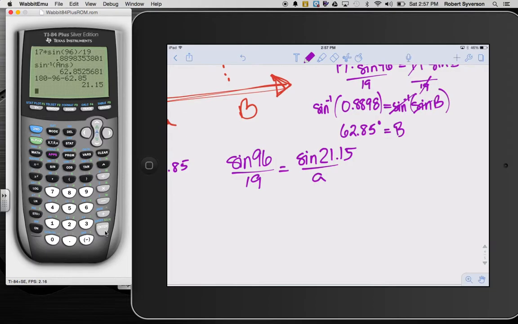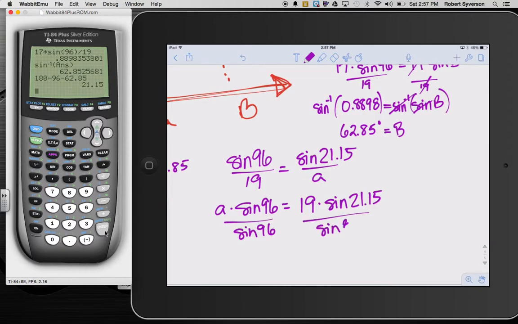All right, let's cross multiply, so I get A times the sine of 96 is equal to 19 times the sine of 21.15. Divide by the sine of 96. And let's find out what A is.